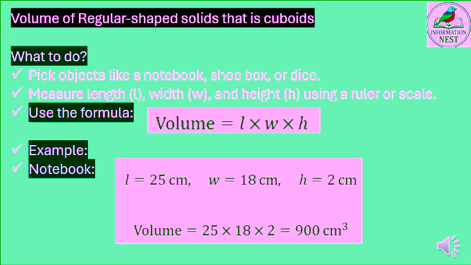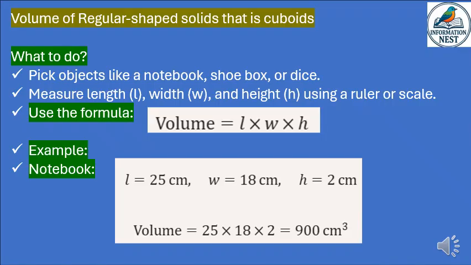Step 3. Now plug those into the formula. Volume is equal to length into width into height. So, for our notebook, volume is equal to 25 into 18 into 2, which will give you 900 centimeter cube. Volume of a cuboid is equal to length into width into height. Think of it like stacking layers of area to build space.